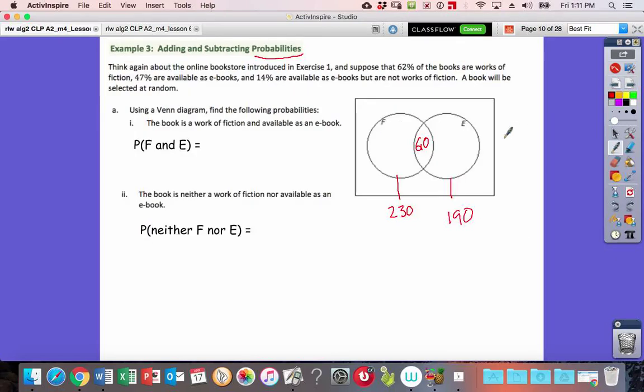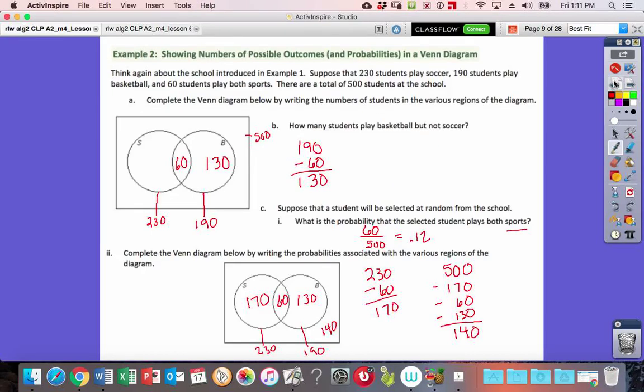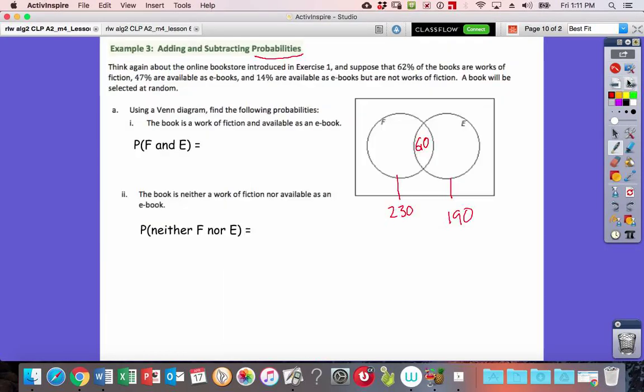Okay, what's this one? Adding and subtracting probabilities. So I actually did it, I think, on the slide before, didn't I? Nope, that one's different. Let's look at this one, example 3. Let me clear it, and we'll start. Think again about the online bookstore. In exercise 1, suppose 62% of the books are works of fiction.